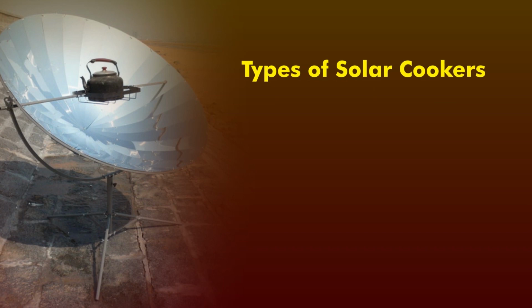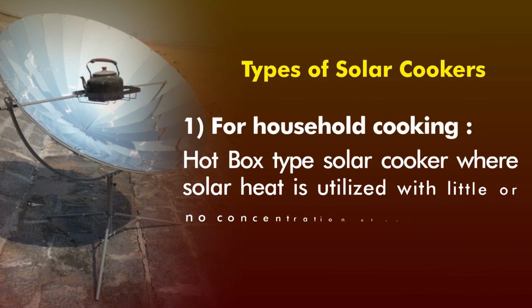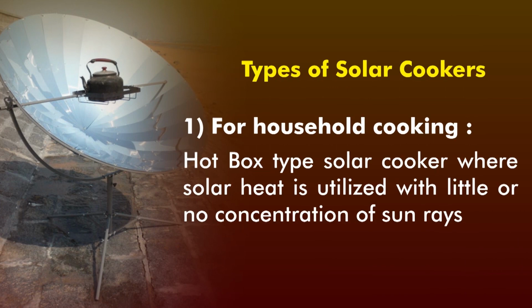Now we are going to discuss the different types of solar cooker. It can be classified as for household cooking and for community cooking. For household cooking, there is the hot box type solar cooker where solar heat is utilized with little or no concentration of the sun rays.